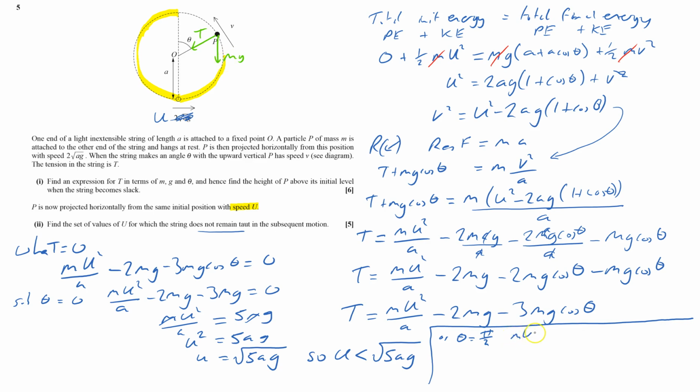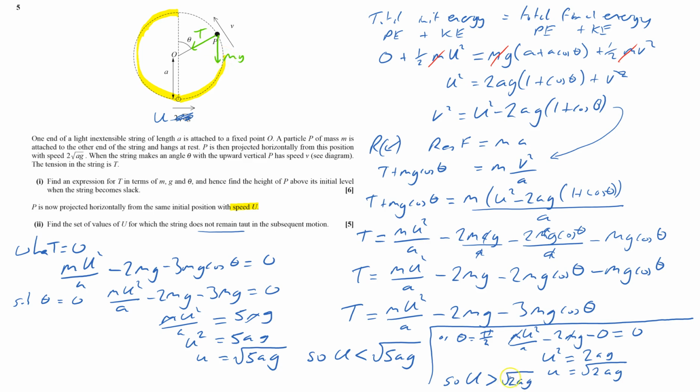So we've got mu squared over a minus 2mg minus 0 equals 0, because cos theta equals 0, and the m's cancel out, and that gives me u squared equals 2ag, and so u equals the square root of 2ag, and u will have to be greater than root 2ag. Otherwise it won't get up to this bit here, and it will stay taut.